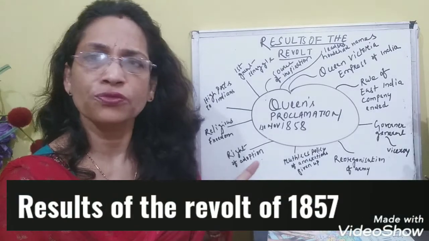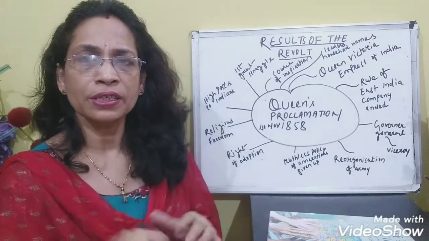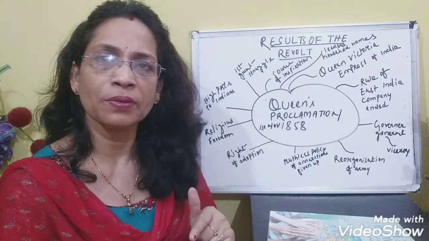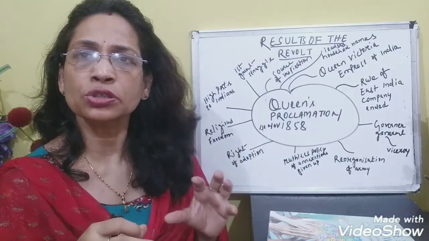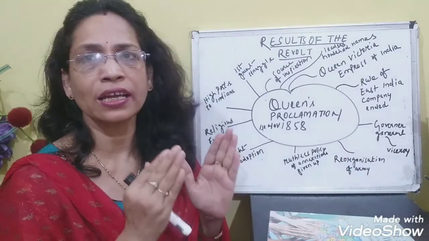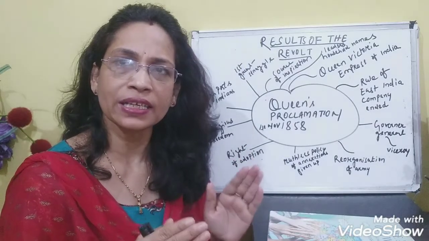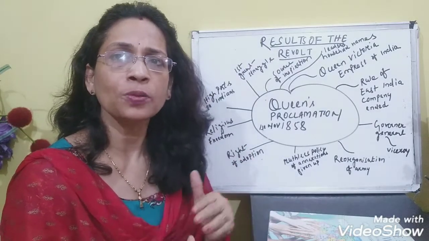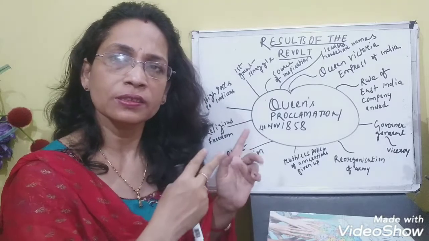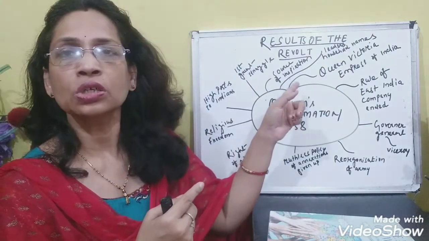Then what was before the revolt of 1857? Before the revolt of 1857, the control of India was in the hands of a company, and the name of the company was East India Company. But after the revolt, the crown took the power.